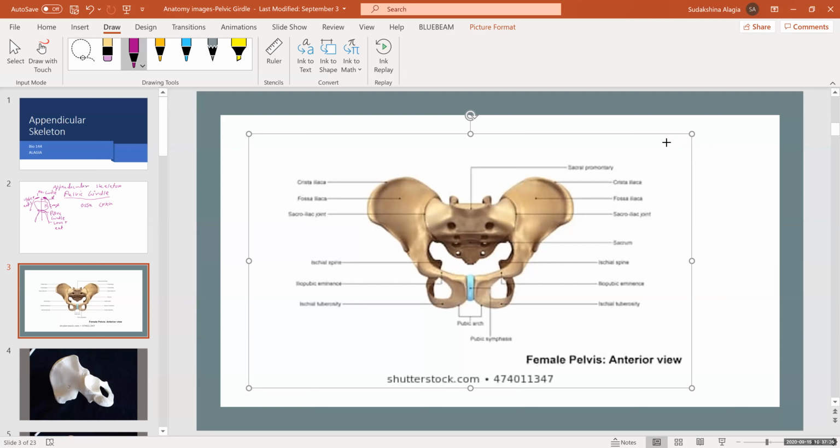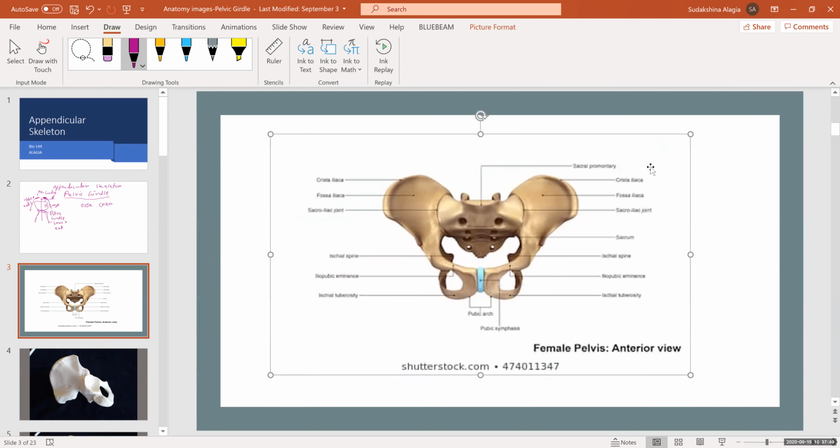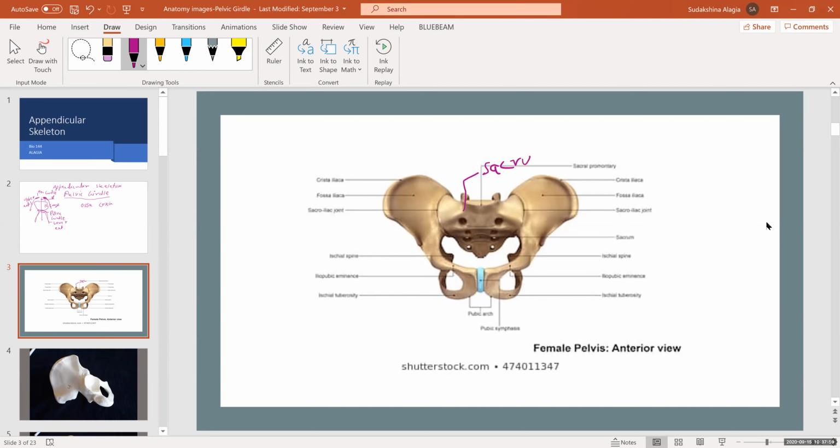It's a Shutterstock image, so it's not great quality, but these are images that don't have any copyright. So ossa coxa or os coxae. What does it mean by ossa coxa? What you are looking at here is the sacrum, of course, and ossa coxa refers to the left and right components of the pelvic girdle.